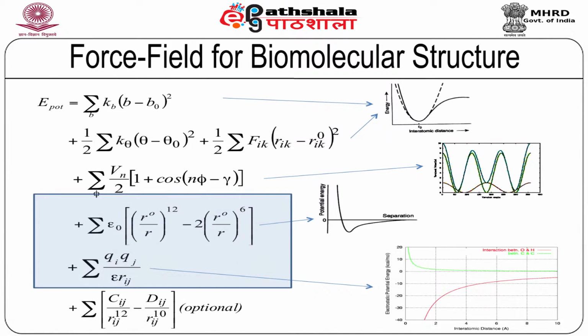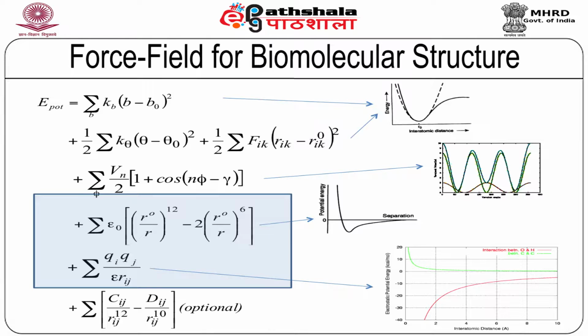We have defined earlier the potential energy, which contains the bond stretching part, bond angle bending part, torsional energies, then van der Waals energy, the long range interaction, and the Coulombic energy. But mostly we ignore the optional parts such as hydrogen bonding energy.